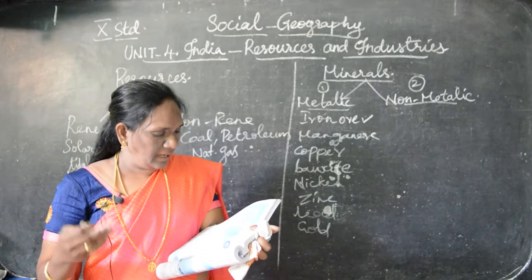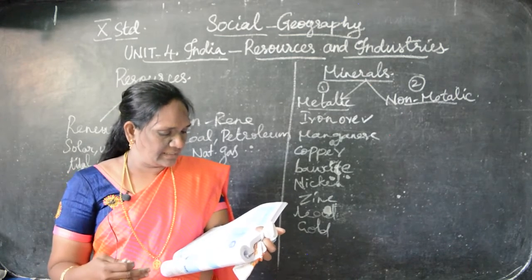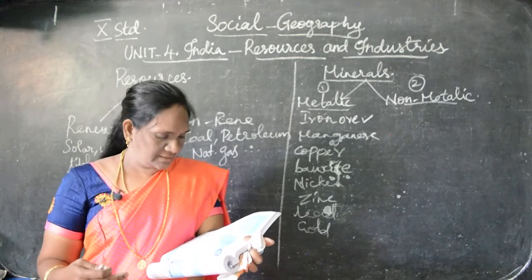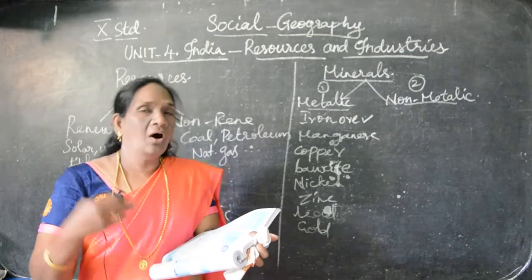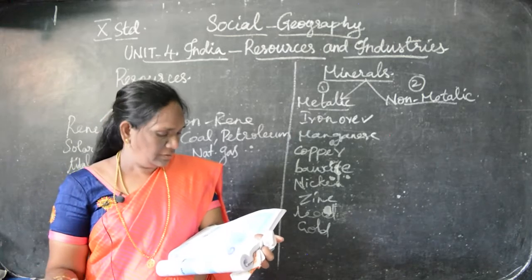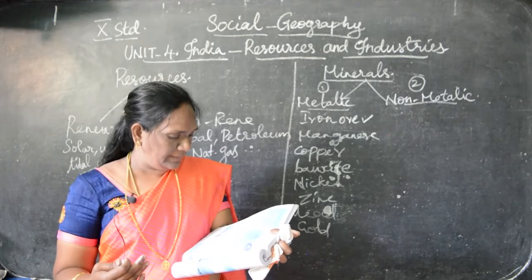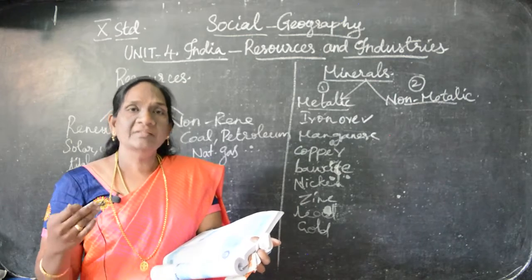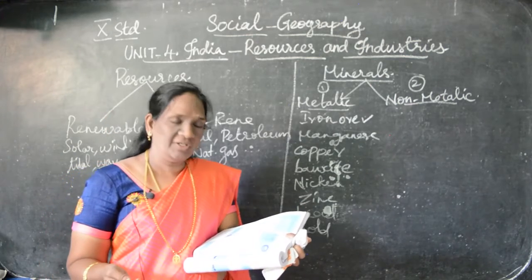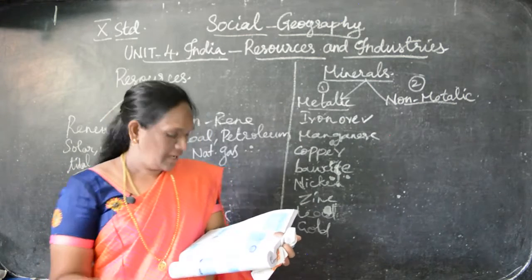And apart from this, other places சத்தீஸ்கர், கர்நாடகா. Then Andhra Pradesh, Tamil Nadu, all here we are getting iron ore. And in Tamil Nadu நாமக்கல், திருவண்ணாமலை, சேலம், திருச்சிராப்பள்ளி, கோயம்புத்தூர், மதுரை, திருநெல்வேலி districts we are getting iron ore.